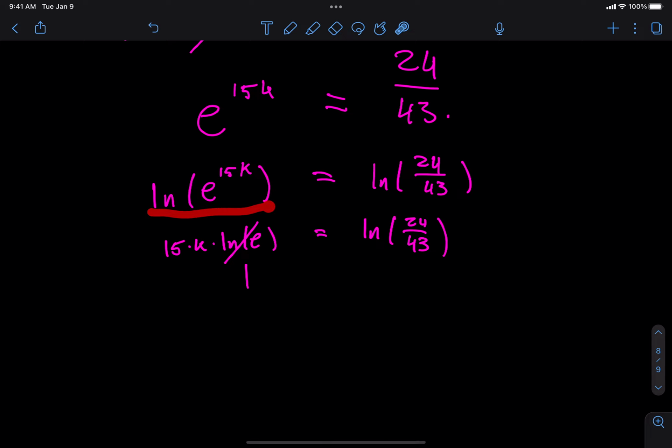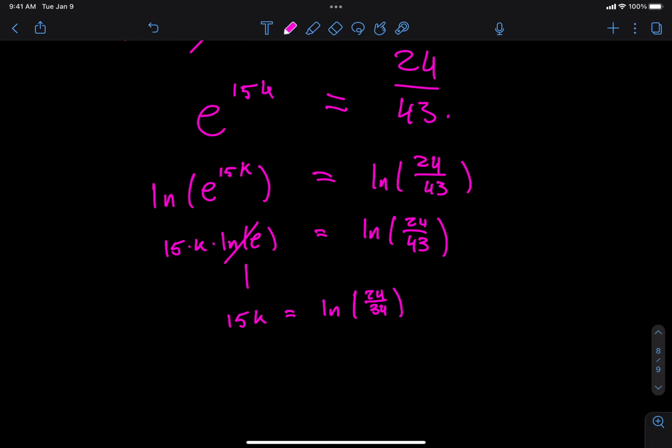Also, you can just view these as I'm taking 15k and I'm doing two things. First, I'm taking e to that power, and then second, I'm doing the natural log. These two processes undo one another. So if I start with 15k, do something to it, and then undo it, what will I have left? Just 15k. Okay? You happy?